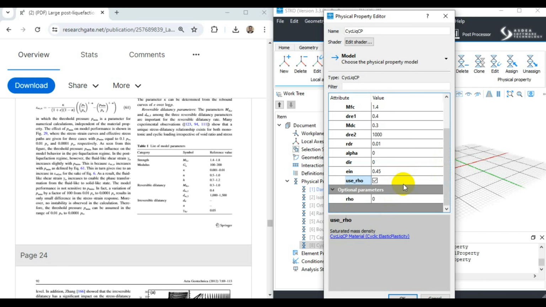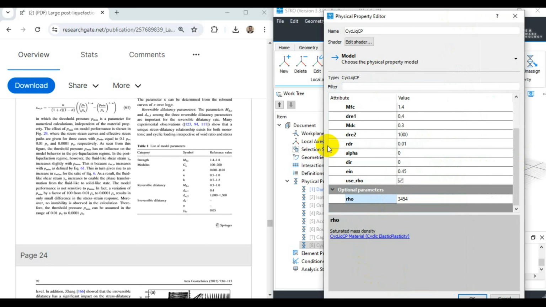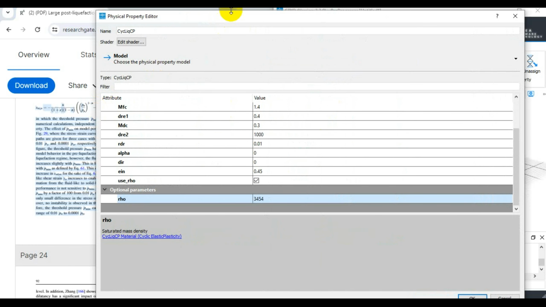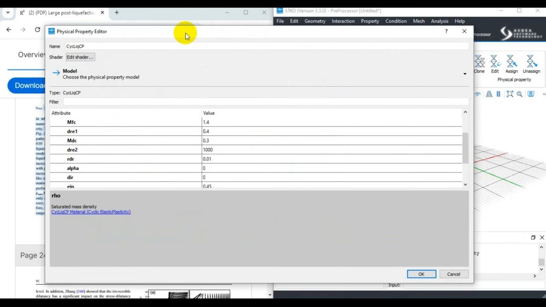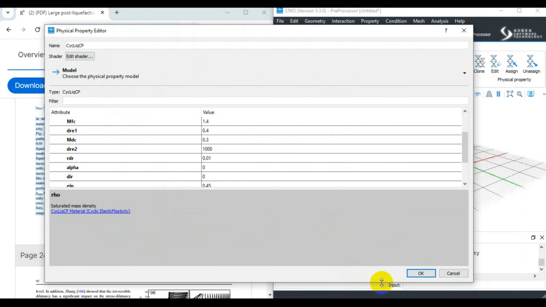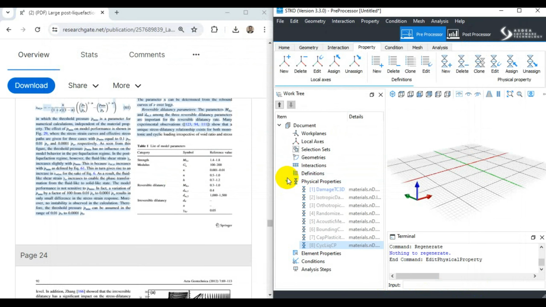And for the saturated mass density, we need to define it. We can calculate this from geotechnical equations for the model. All the details are given in this research article, just in case you want to understand in more detail the parameters for this cyclic elastoplasticity material model.